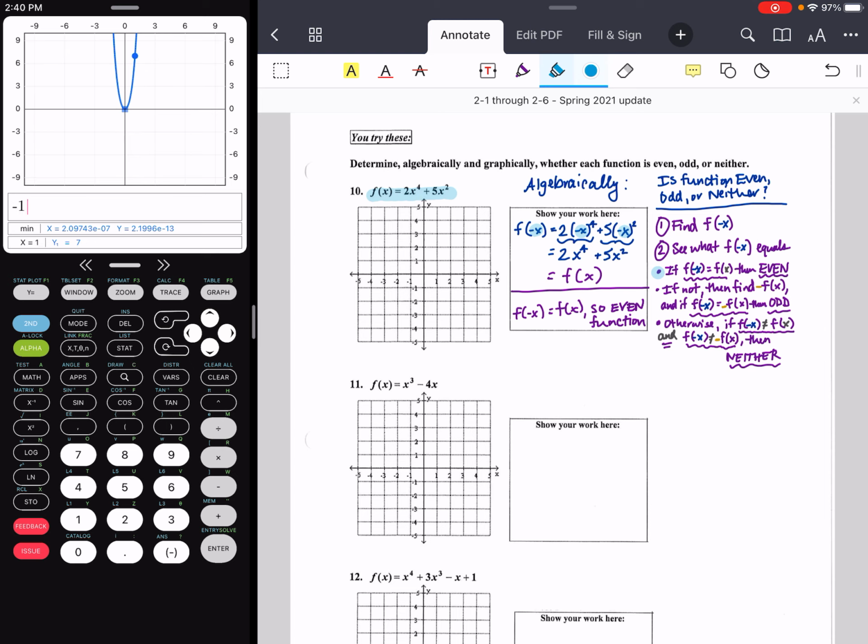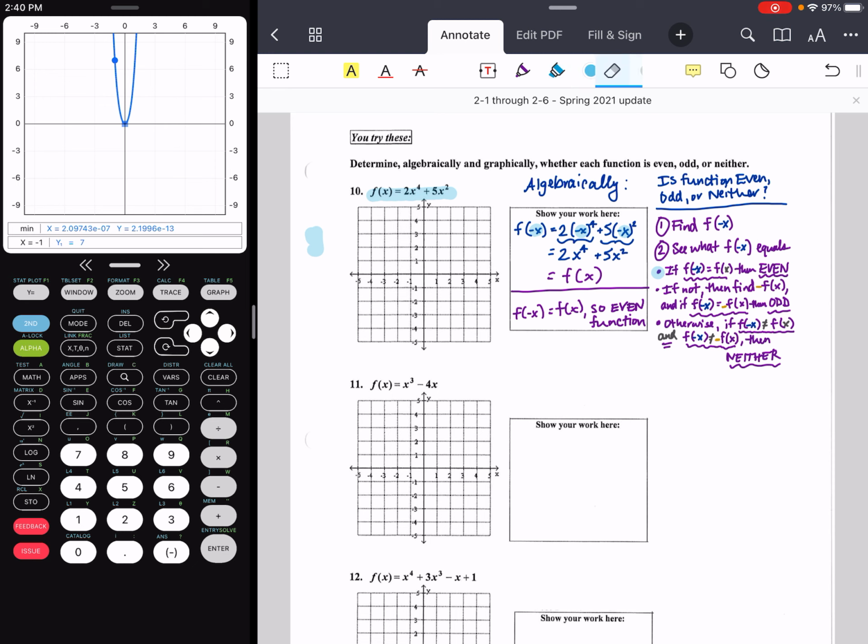If I enter x equals -1, I also get y equals 7. So I see that I've got that y-axis symmetry. And you could, of course, check this for a few more points. But I have that y-axis symmetry on my graph. So that confirms that I have an even function.